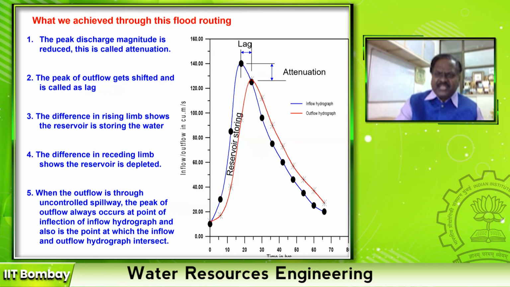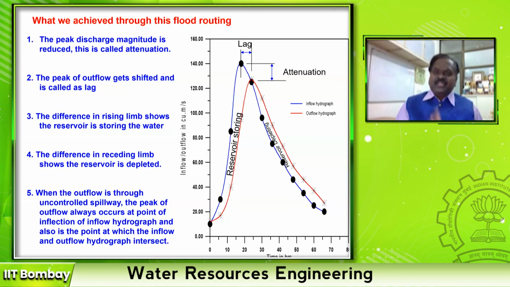Once it crosses this point of inflection, the outflow is more than the inflow. That means the reservoir is getting depleted. Altogether, if inflow is equal to outflow, there is no net storage in the reservoir.